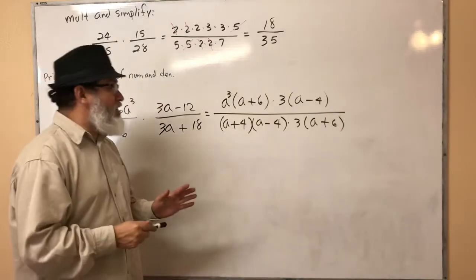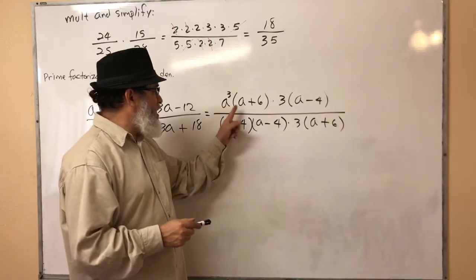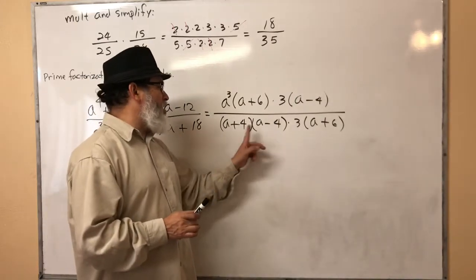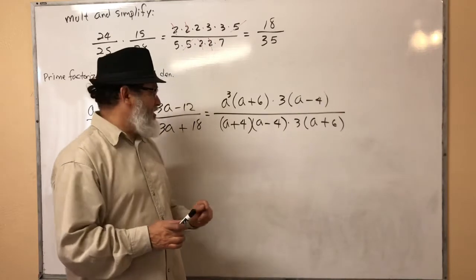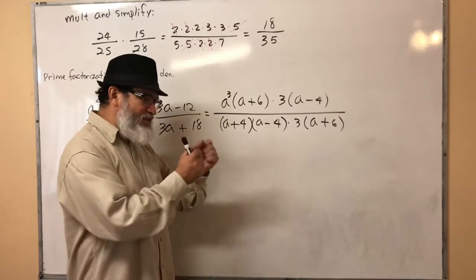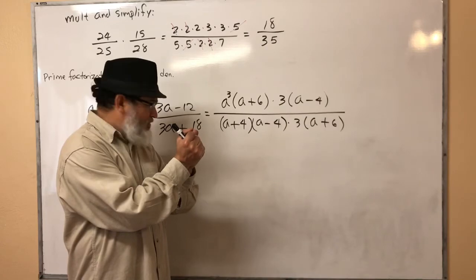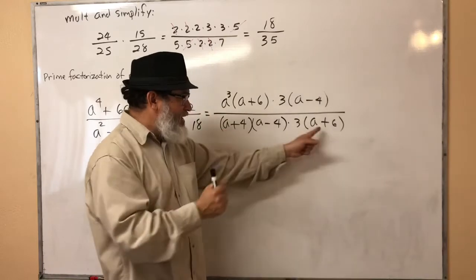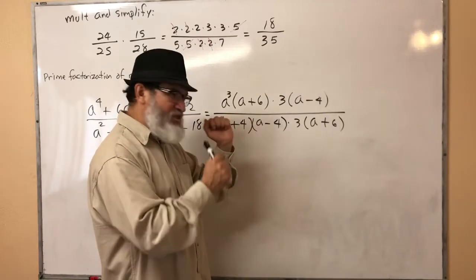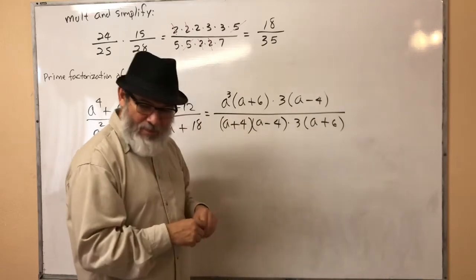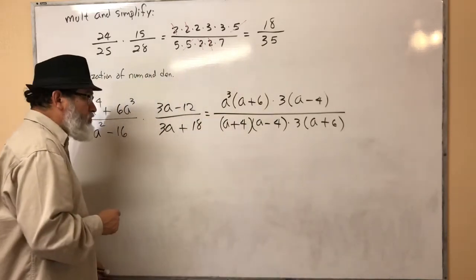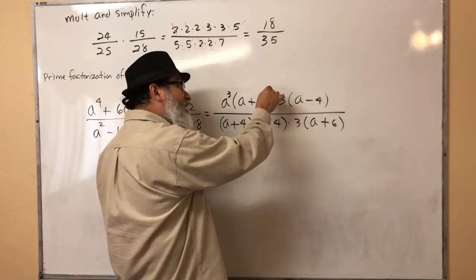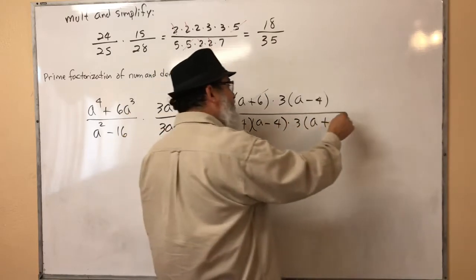So in the numerator, you have 1, 2, 3, 4 factors. In the denominator, we have 1, 2, 3, 4 factors. a plus 4 is a factor together. They cannot be broken apart. a minus 4 is a factor together. a plus 6 is a factor together. Okay? So, look, a plus 6 cancels a plus 6.